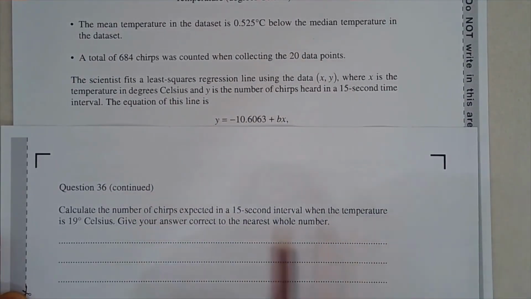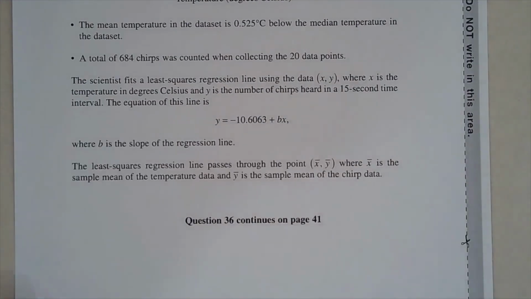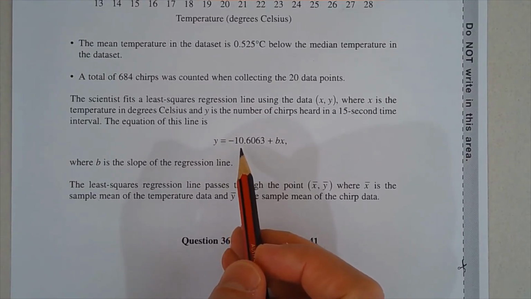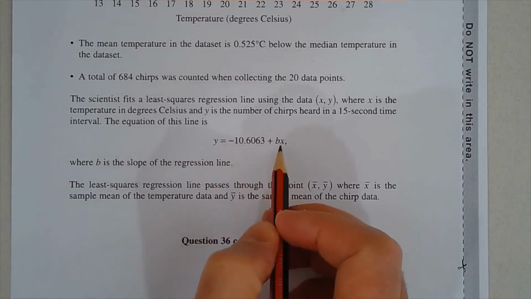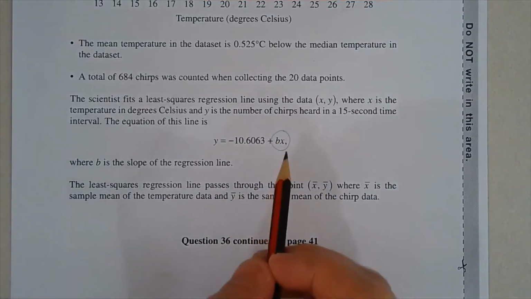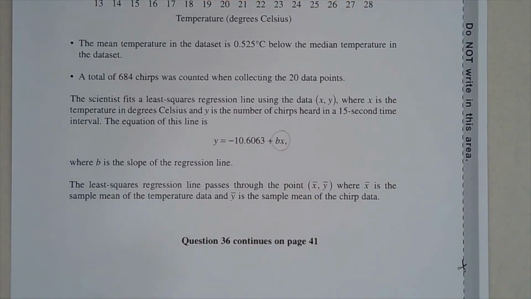We want to work out or calculate the number of chirps expected in a 15-second time interval when the temperature is 19 degrees Celsius. Going back to our equation of the regression line, it hinges on this. We need to find the value of b, or the gradient of the line.